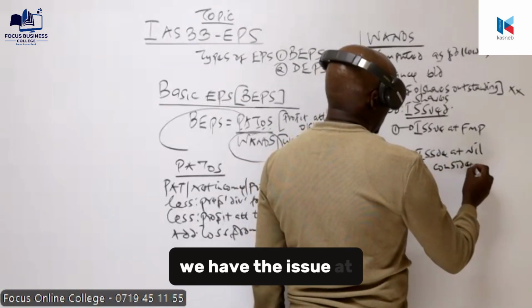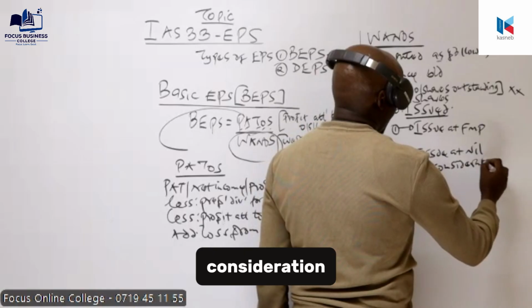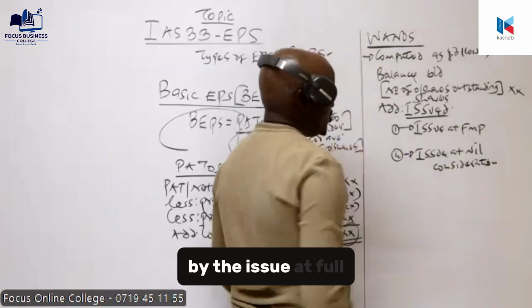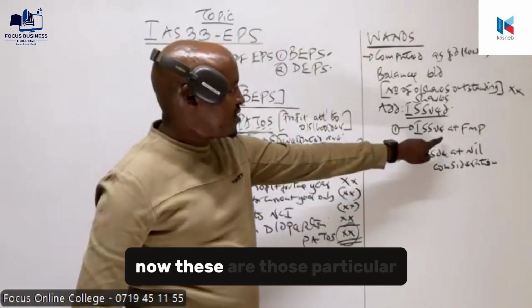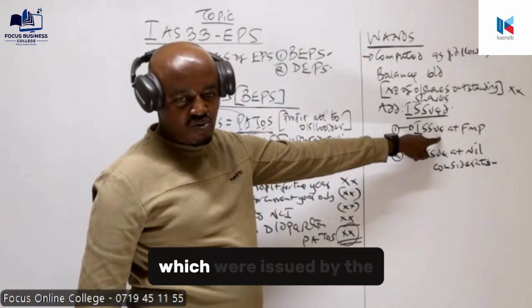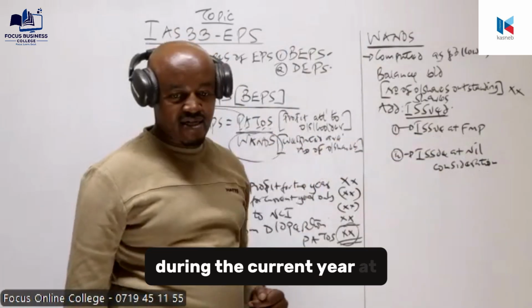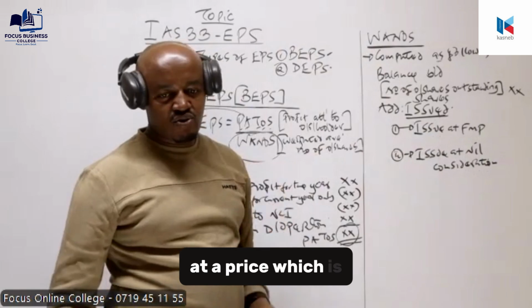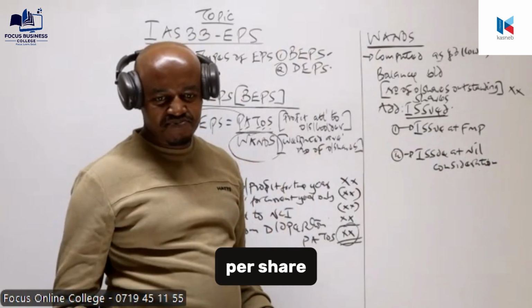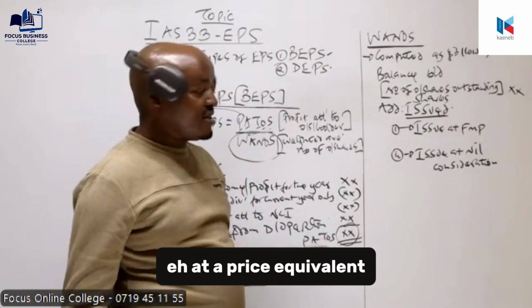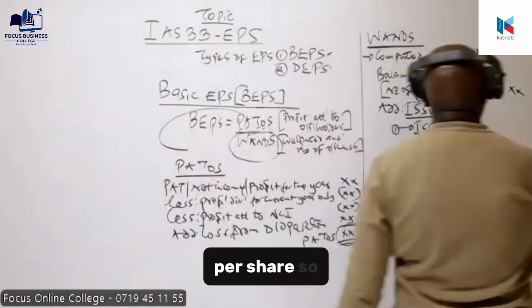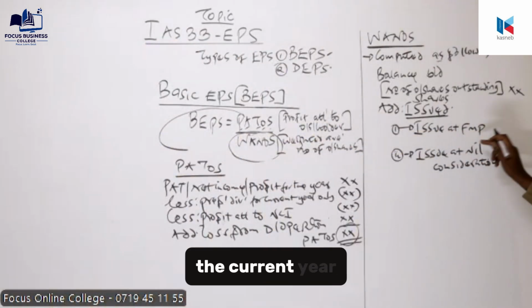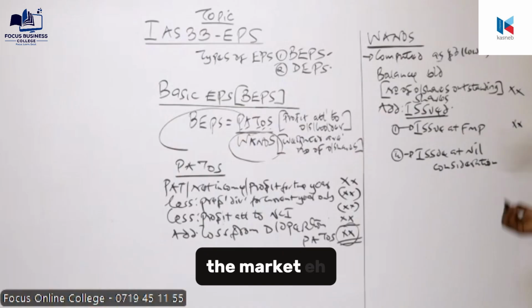What do you mean by the issue at full market price? These are those shares which were issued by the company during the current year at a price equivalent to the market price per share.